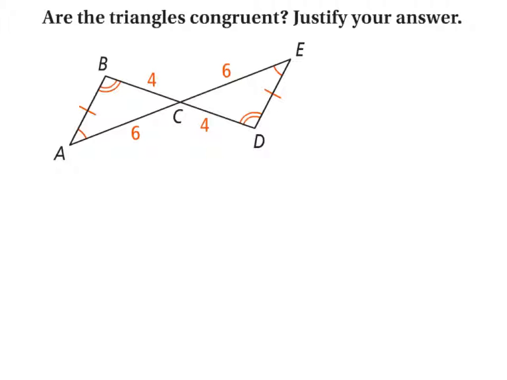Let's just go through and start marking things that we know. What do we know for sure in this diagram? Angle B is congruent to angle D. Cool. What else?